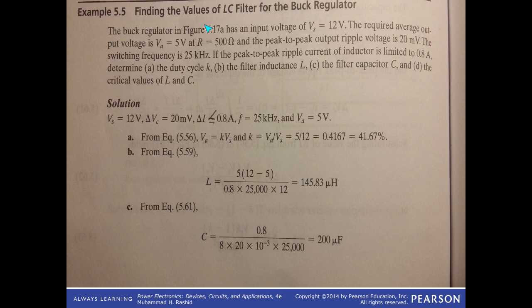The buck regulator of 5.17 has an input voltage of 12 volt. The required average output voltage is 5 volt. Now it's buck, we are reducing from 12 to 5. And R is 500 ohm. So probably our load is known.